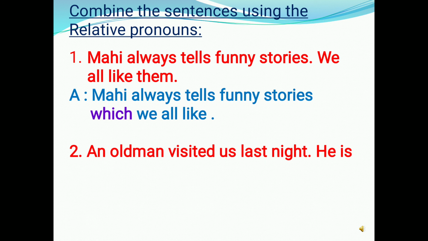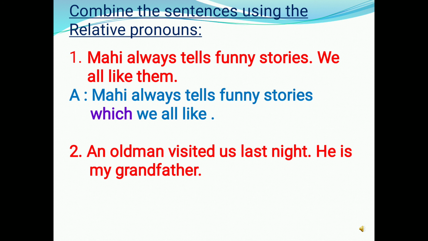Now look at the second sentence. An old man visited us last night. He is my grandfather. So which is common in the two sentences? Yes, old man and he. So here he is referring to the old man. So we have to replace the word he with a suitable pronoun.